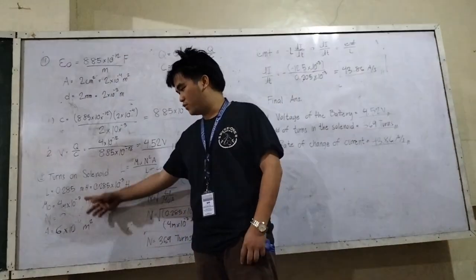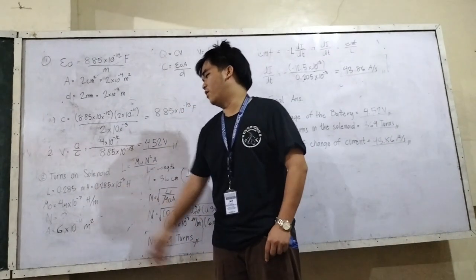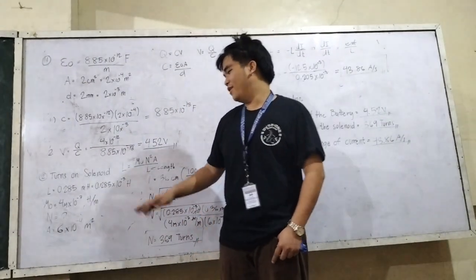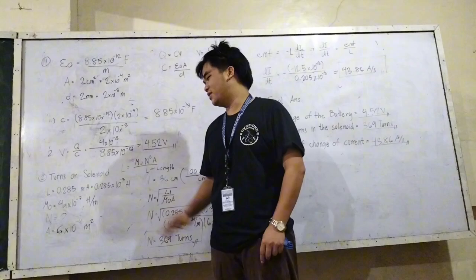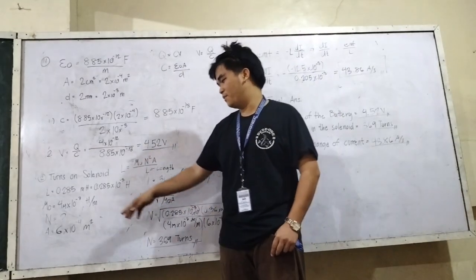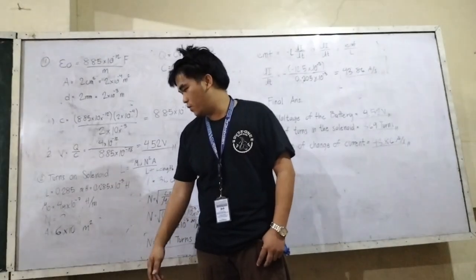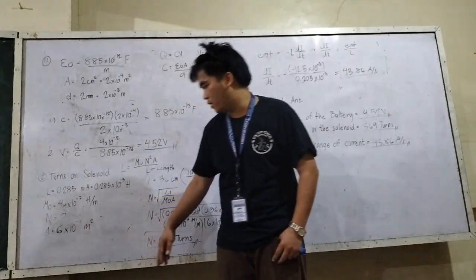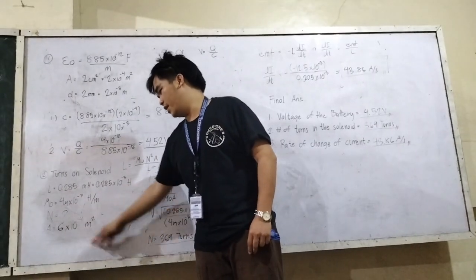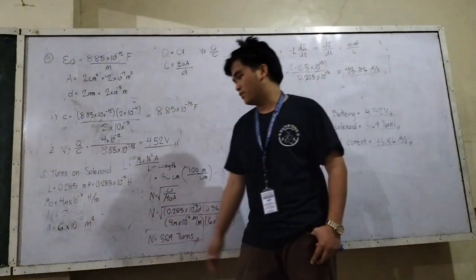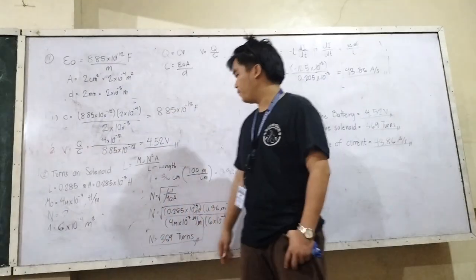Then next we have to solve the mu. So we have 4 pi times 10 raised to negative 7 henry per meter. So we're going to solve the N, and then we have the area, 6 times 10 raised to negative 4 meters squared.